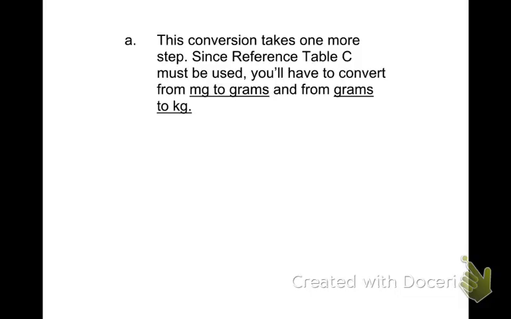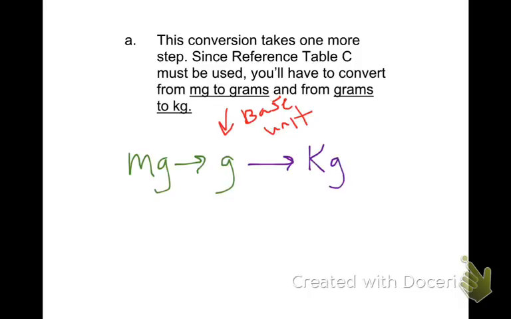What that means is we're going to have to convert from milligrams to grams, which is our base unit, and then from there, we're going to have to convert from grams to kilograms. So we're going to use both of those conversion factors that we just created. We can put them all into one T-chart, or you can have them in two separate T-charts. It is up to you, whatever you're more comfortable with.